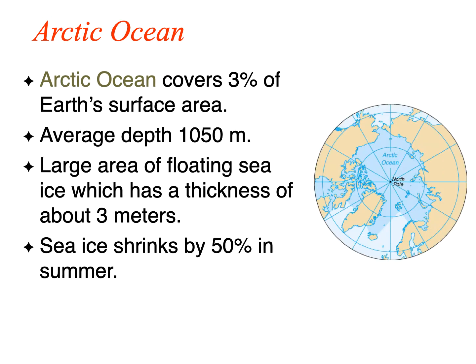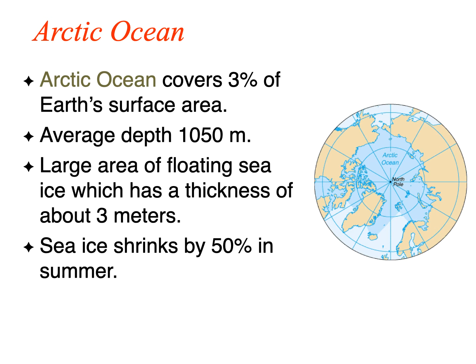The Arctic Ocean covers 3% of the Earth's surface, and it is defined by the map on the right. It's relatively shallow with a depth of 1,050 meters. Most of it is covered with floating ice, sea ice, that has a thickness of about 3 meters.